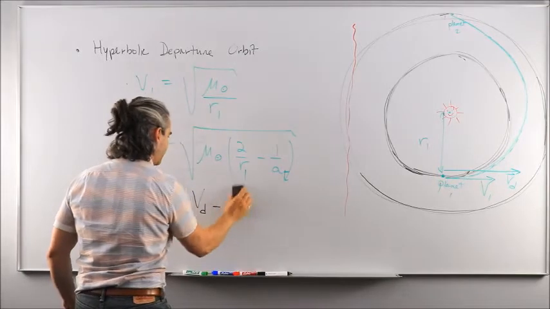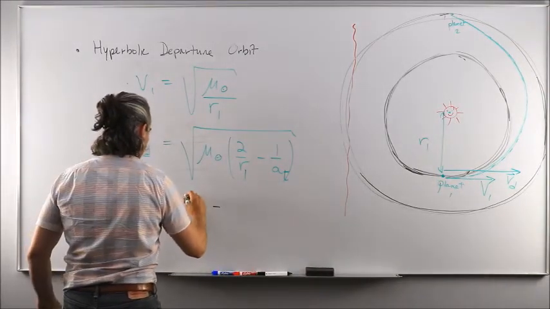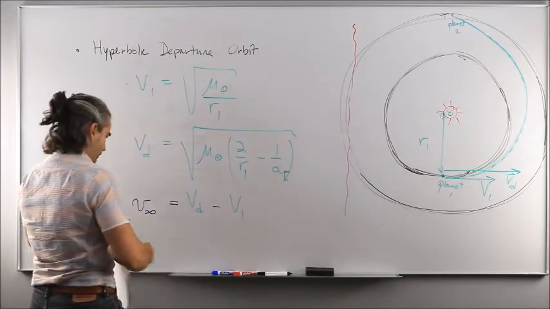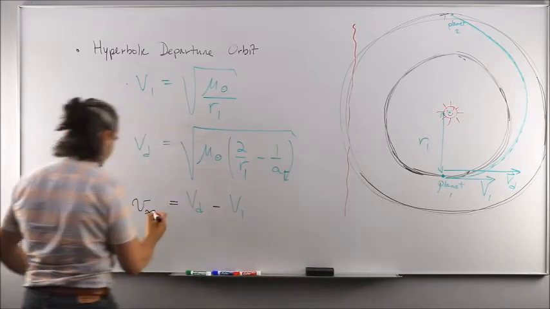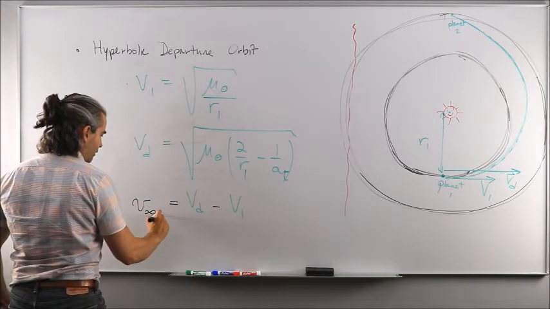Let's put them in green to be consistent here with the color scheme. Vd minus V1 will give you V infinity with respect to planet 1, okay?